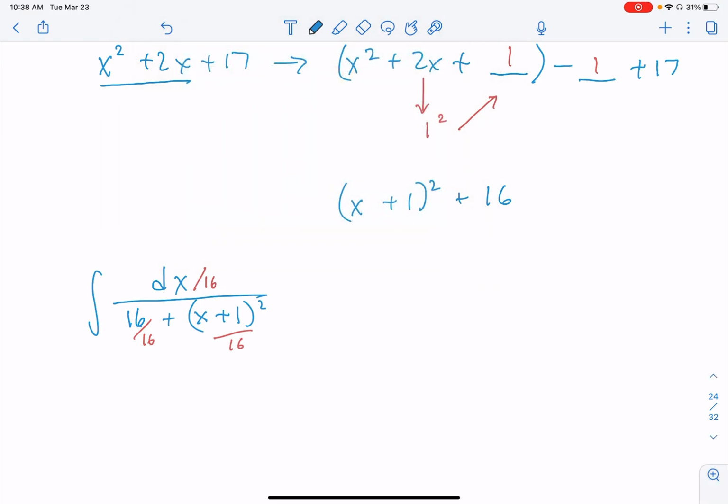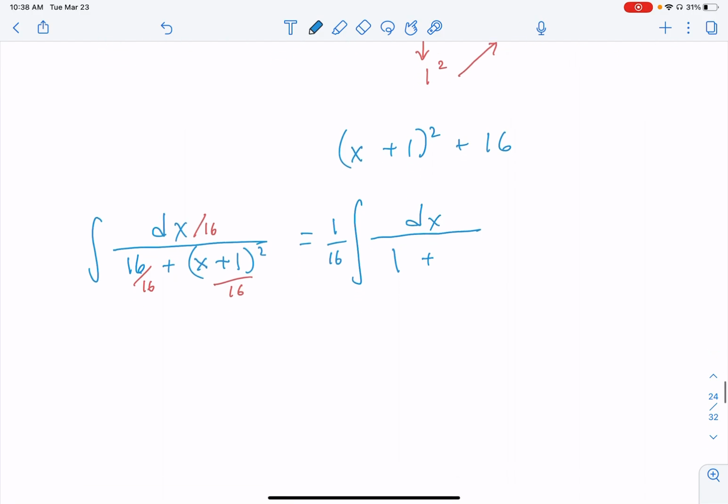So now this becomes the integral of 1/16, and if you want to, you can bring that 1/16 on the outside of this thing, like this, 1/16, of a dx over 1 now, plus, I have x plus 1 squared over 16. I'm going to rewrite this squared term right here, because I can bring this 16 into this square.